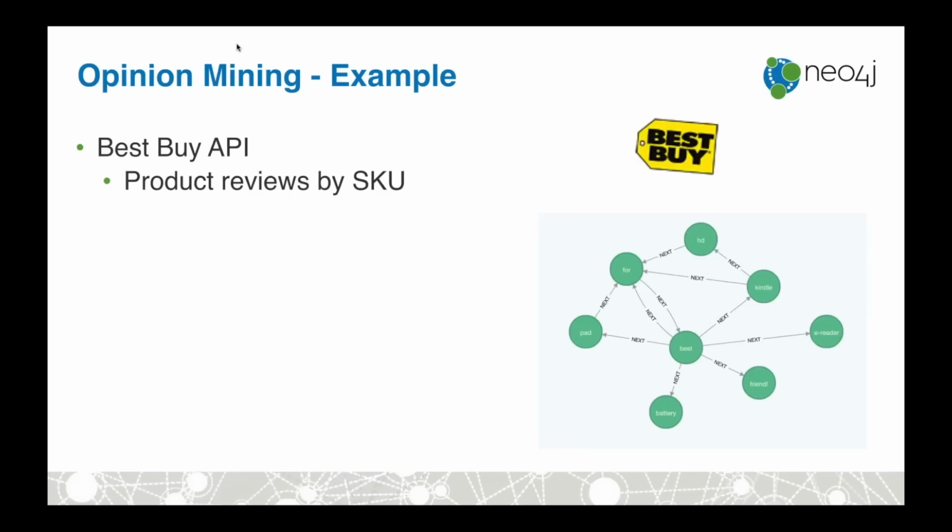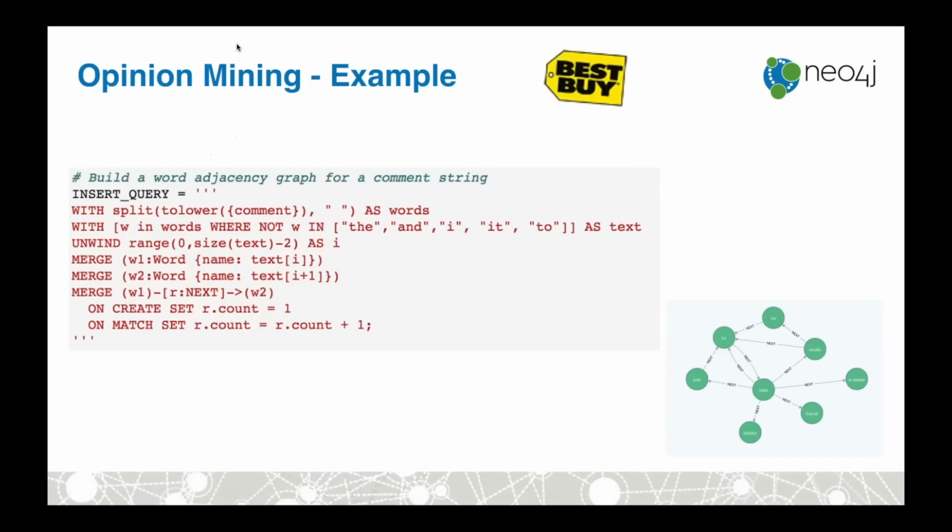Let's look at how we can dive into that using some real-world data. So I put together a simple demo. Best Buy has a great API for retrieving product reviews. The API basically takes a SKU or some identifier for a product and returns the user-submitted reviews for that product.